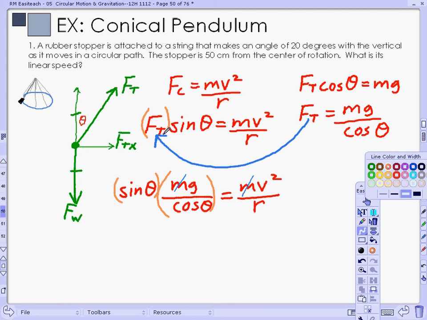Make sure you use your r of 0.5 meters. Convert that to meters. And now I just have to solve for v squared. When you solve for v squared, by taking the square root at the very end, you should get 1.34 meters per second.